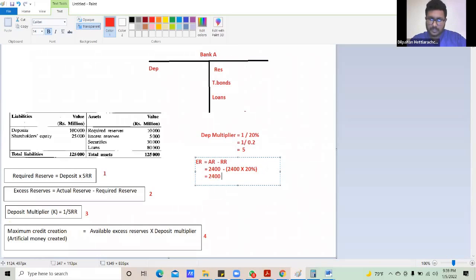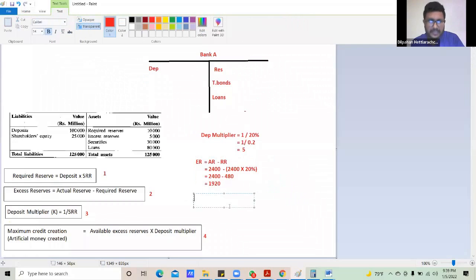So I will do the simplification. This will be the excess reserve answer, right? 1,920. This is the value that this banking system can use to create more and more loans.